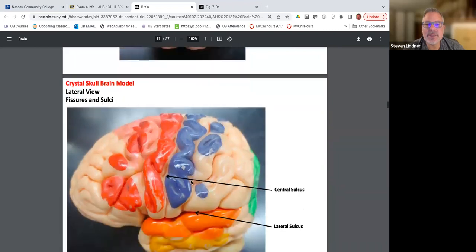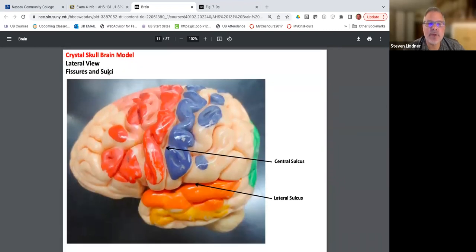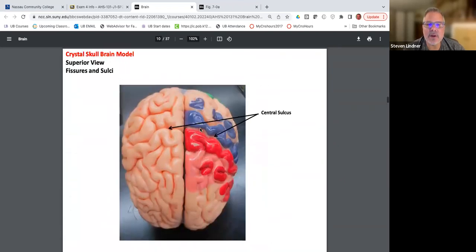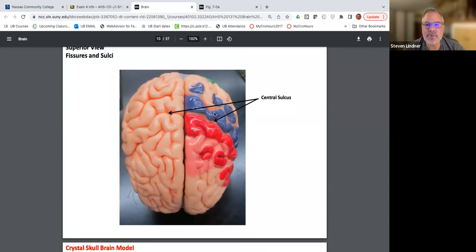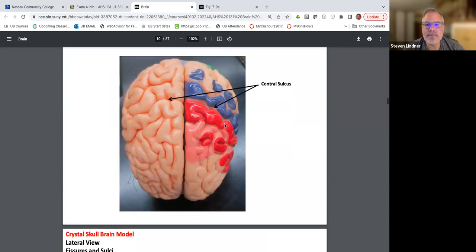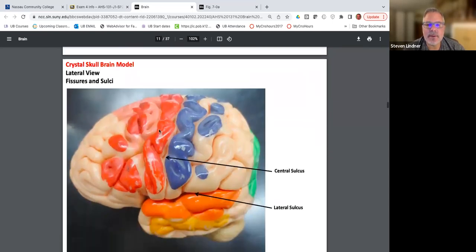We can also see it from the lateral view. So what we're looking at is this structure. Now we're going to turn it sideways where we can still see the red strip and the blue strip. And between those two strips is this indentation called the central sulcus.